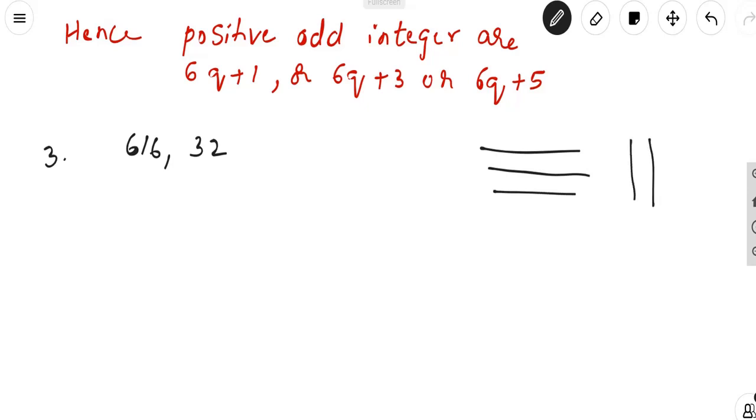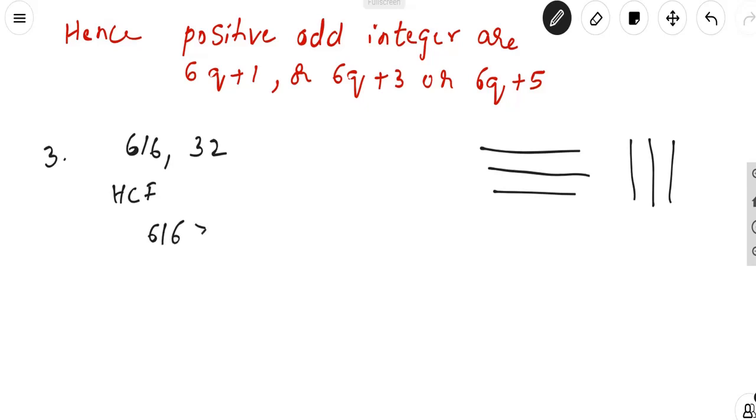And what about columns? These are your columns. So what we have to calculate here is the maximum number of columns. So that means we have to calculate the HCF. First we should know which is the bigger number.